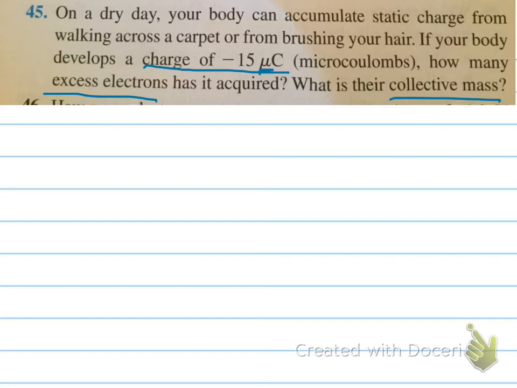The way I solved this problem is I started with the second question. I started by calculating the mass. So I know I'm given negative 15 microcoulombs, and that means negative 15 times 10 to the negative 6 coulombs.